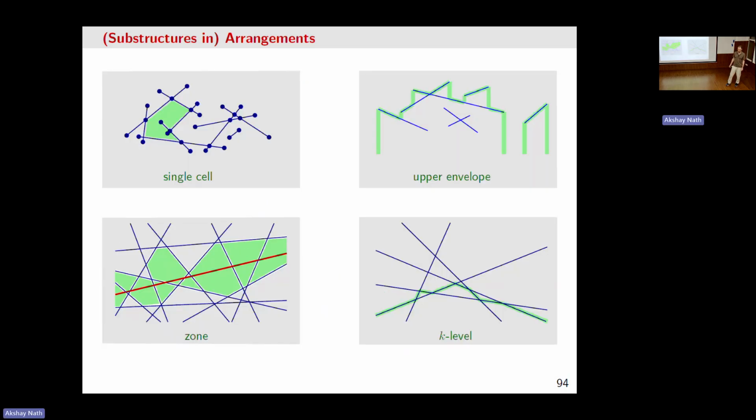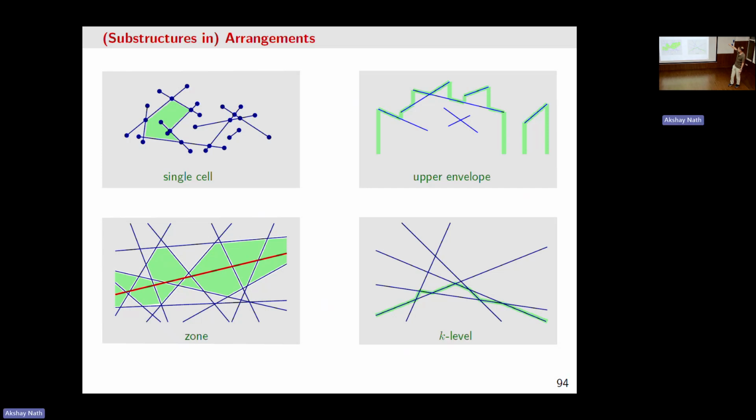So people looked at various different substructures in such an arrangement. You can look at a whole arrangement. You can look at a single cell, which was inspired by these motion planning applications. You can look at what is called the upper envelope. On Friday, maybe we will see some applications of that.